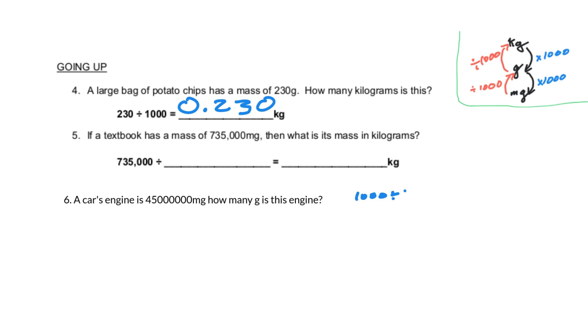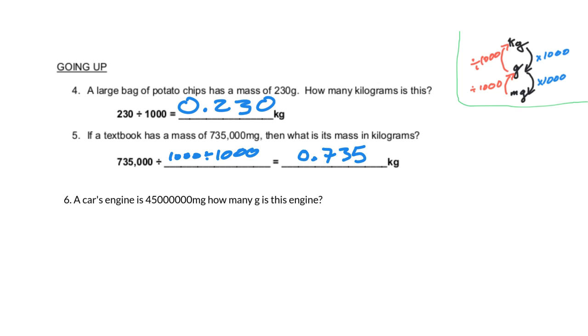Then we're going to divide by 1,000 again. So now I'm just going to put that right here. Okay, so now that we've got that information, we divide by 1,000, divide by 1,000 again. And you end up with the following answer: 0.735 kilograms when you punch that in your calculator.